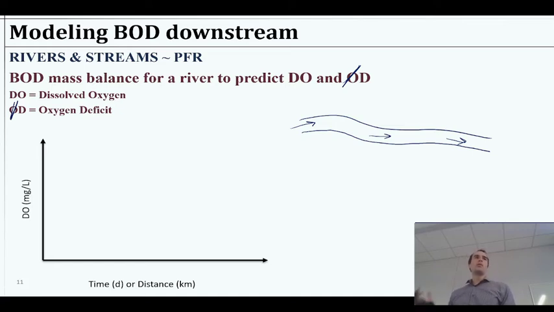So what we can do is look at what's happening with the oxygen demand in a given part and compare that with the reaeration. So if we have some amount of reaeration, so the physical process of oxygen gas going from the atmosphere into the water, that's going to compete with the deoxygenation from the microbial processes.